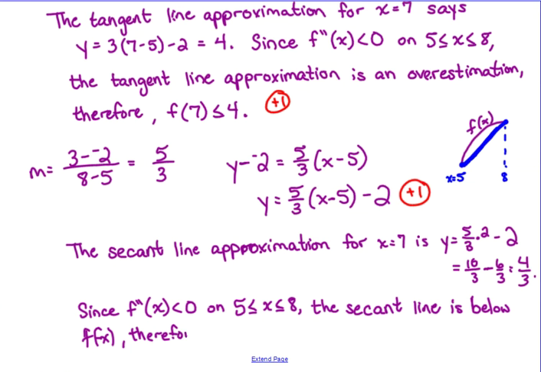Therefore, the y value f of 7 has to be greater than or equal to that approximation of 4/3. The secant line is below the curve, so that would be the minimum that it could possibly be. It has to be above that value. Similar to how it has to be below the tangent line because the tangent line's an overestimation.